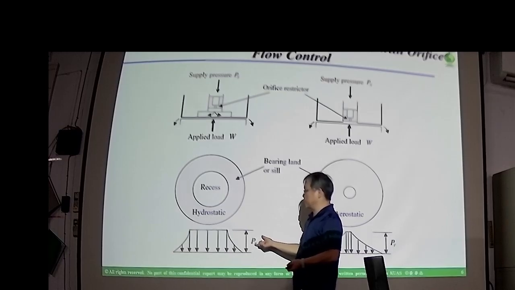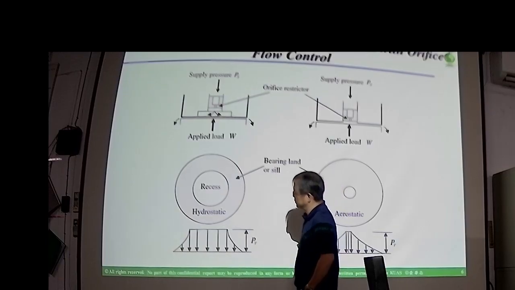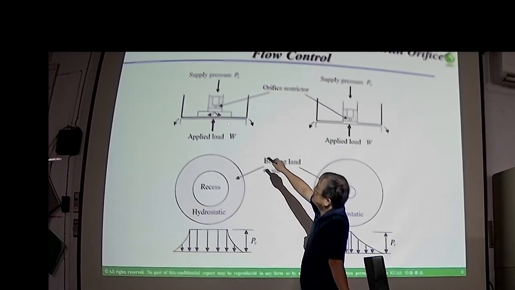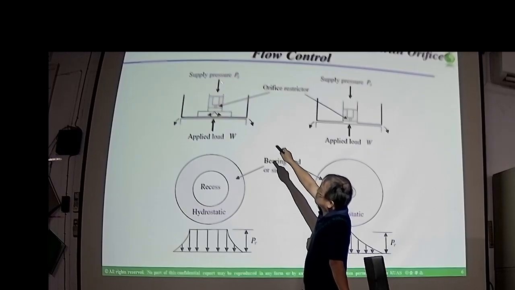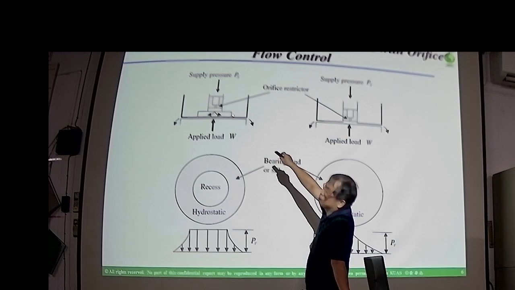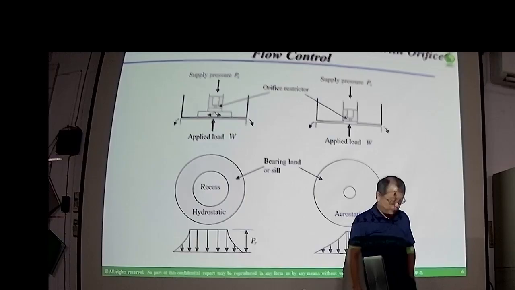Then you have a pressure PR inside the recess, and the flow passes from the piping through the restrictor, and then the lubricant oil will go through the film gap thickness between the two surfaces, and the oil will flow out of the bearing pad.